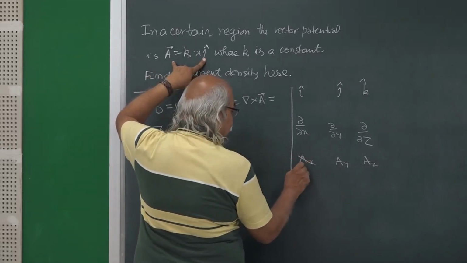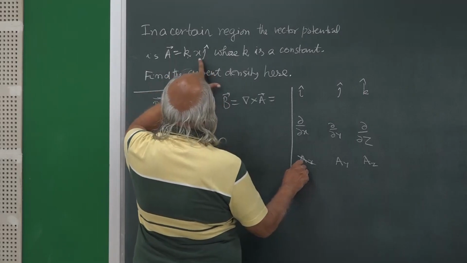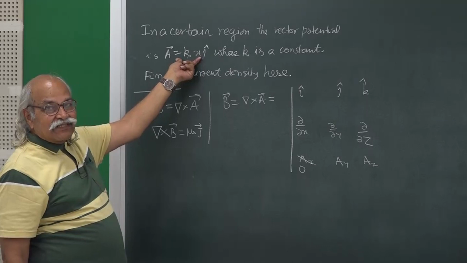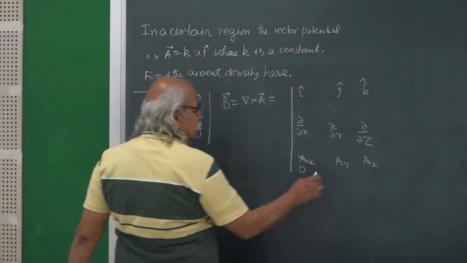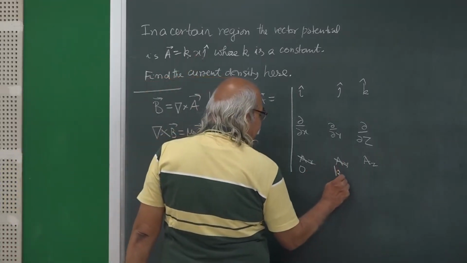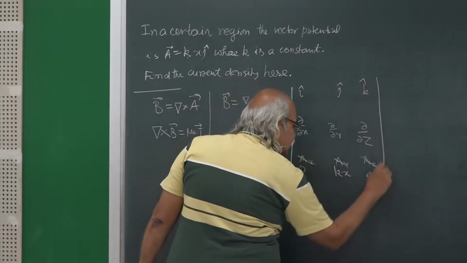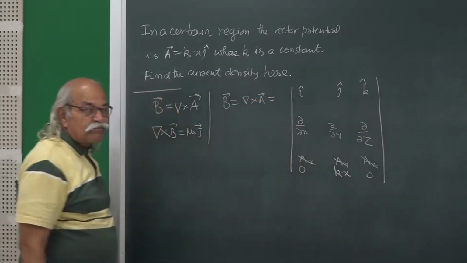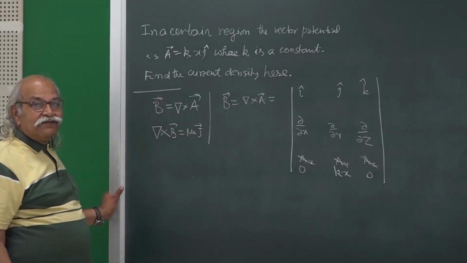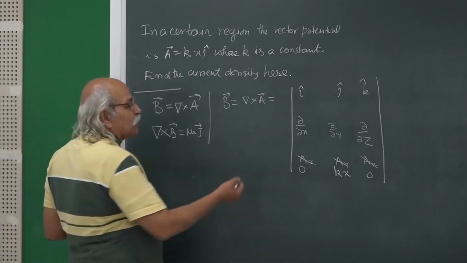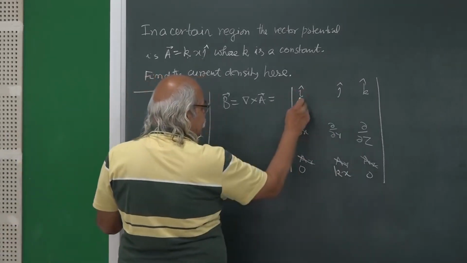So, this is 0 here, ay will be there, and how much is ay? It is k times x. So, for this ay you write k times x and az is 0. So, this is that determinant. And then, how do we open this determinant?